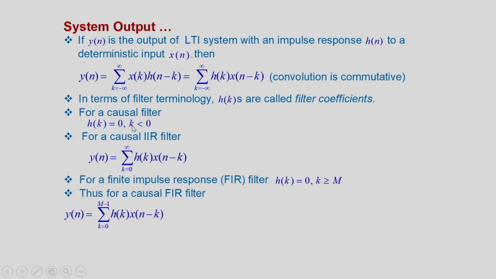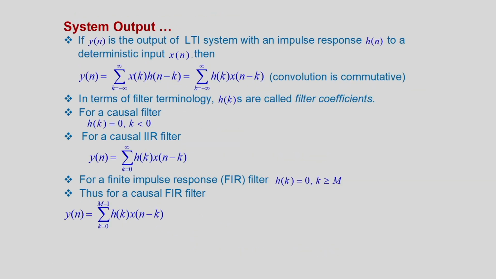If we put h[k] equal to 0 for k less than 0, we get this result. For a finite impulse response FIR filter, h[k] is 0 for k greater than or equal to M for some constant M. Therefore, for a causal FIR filter, we can write y[n] is equal to the summation of h[k] times x[n-k], k going from 0 to M-1.